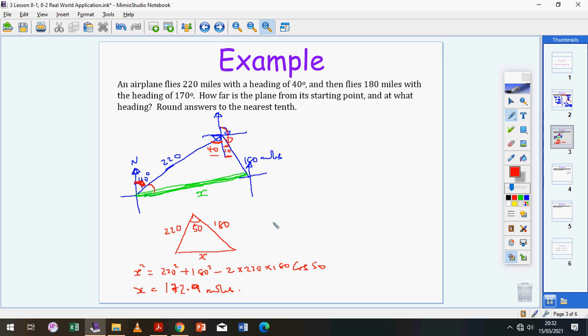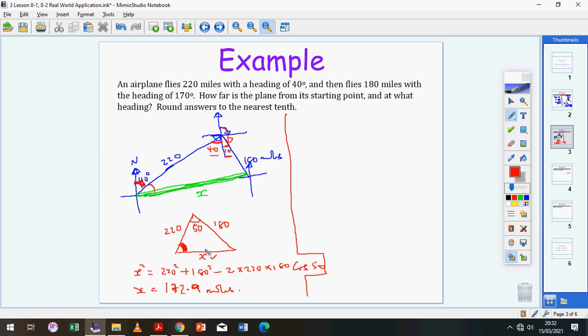Alright. The next thing it wants me to find is its heading from its starting position. I'll get the heading using this angle. Let me first find that angle. If I want to find this angle, I can use either the sine law, since I now have x, or the cosine law.